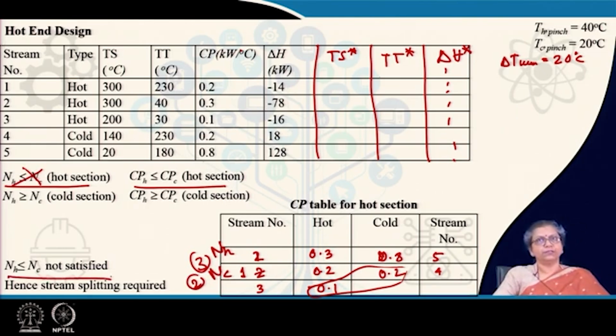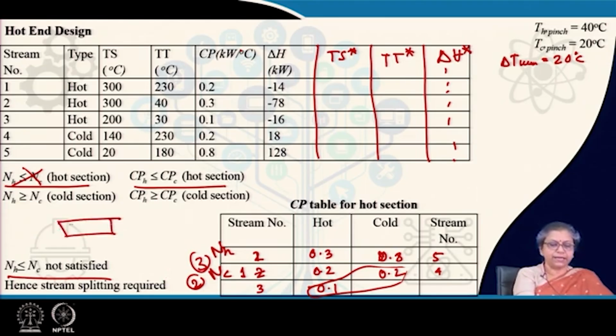So, what to do? You have to design it in such a way that all the criteria are complied. Since you have one less cold stream, we simply split one cold stream and make it equal to the number of hot streams. Which cold stream are we going to split? This split is going to be a parallel split, so that the Cp gets split between the two.